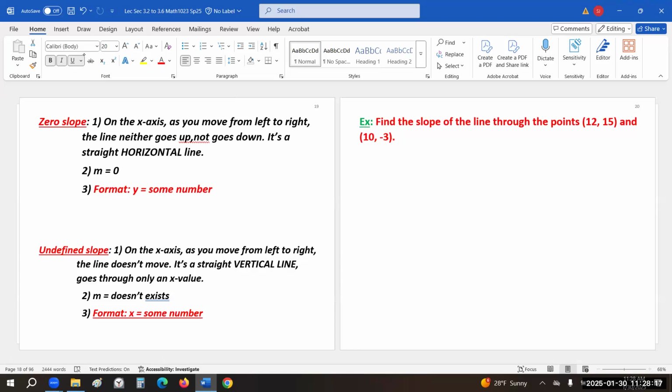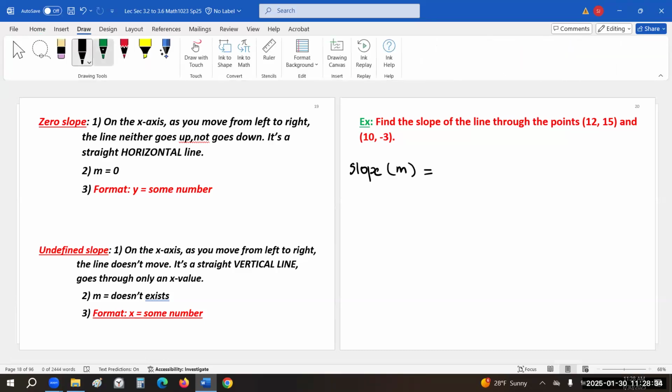We are going to start with finding the slope from 2 points. 2 points are given. What is the slope of the line that goes through those 2 points? So slope is y2 minus y1 over x2 minus x1.